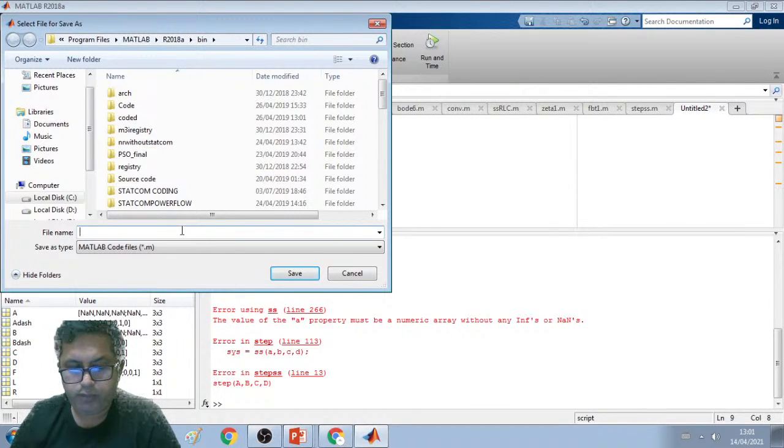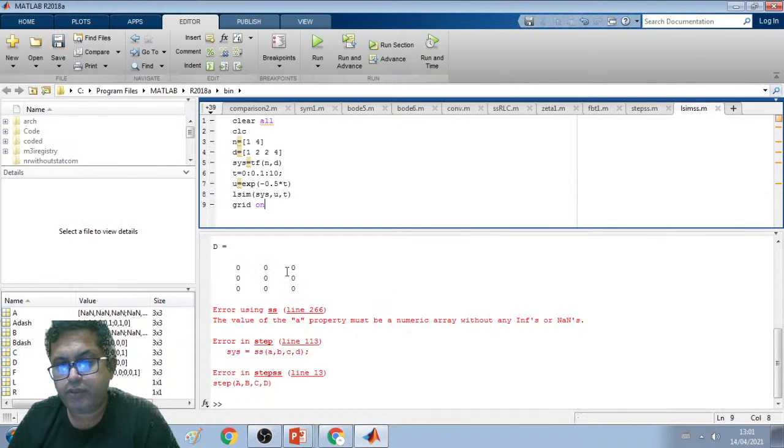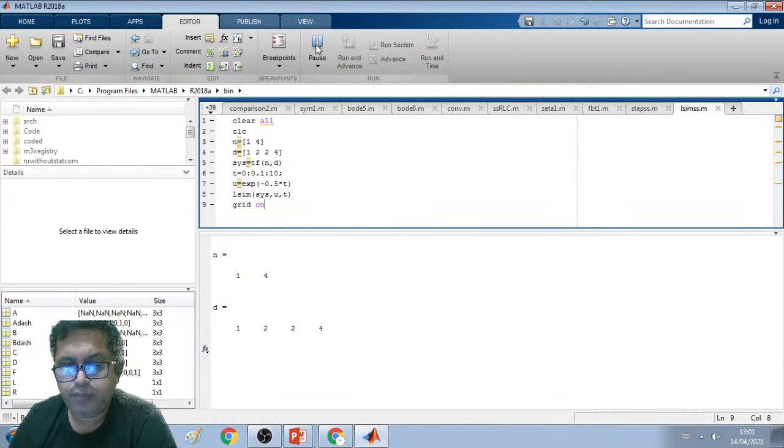So this is LSIM steady state space. We will run this program.